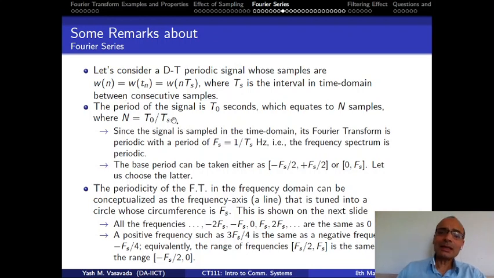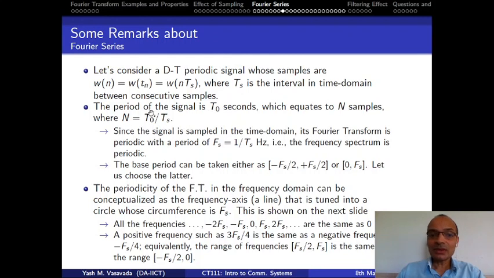Now, let us pretend, as of now, that our signal is not only discrete in time, but additionally it is periodic in time. And somehow let us pretend that the period of the signal is essentially these capital N samples. When you multiply n with Ts, where Ts is the interval between two samples in seconds, what you get is the period in seconds, t naught.